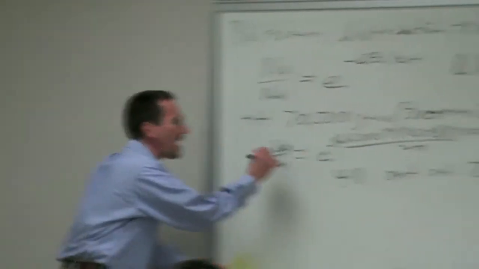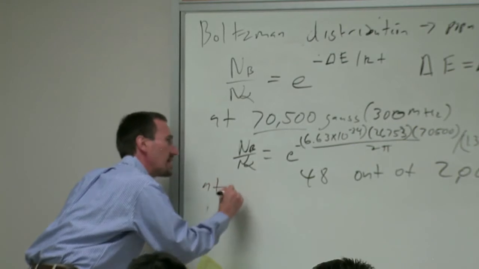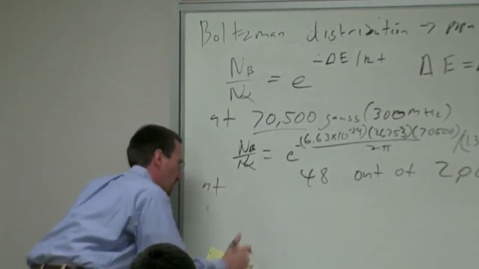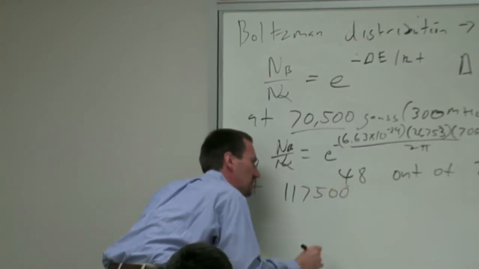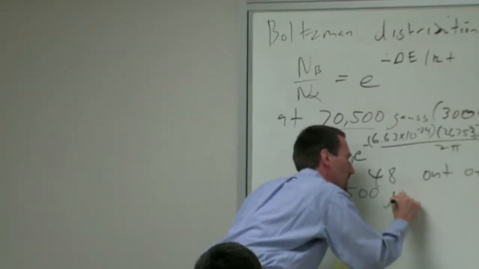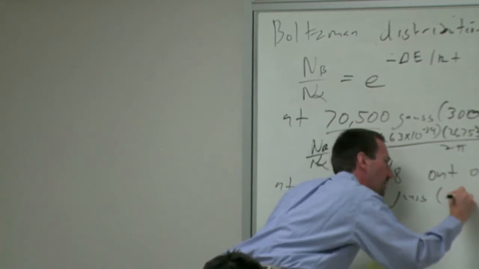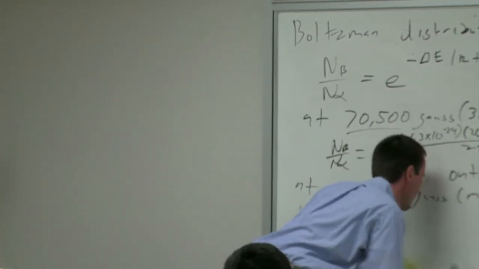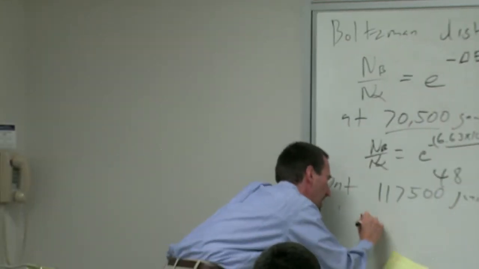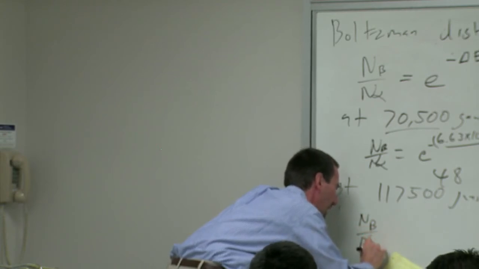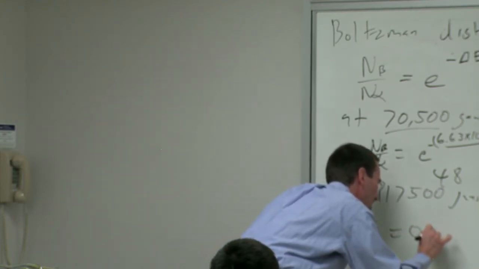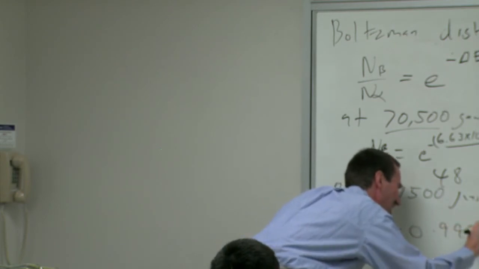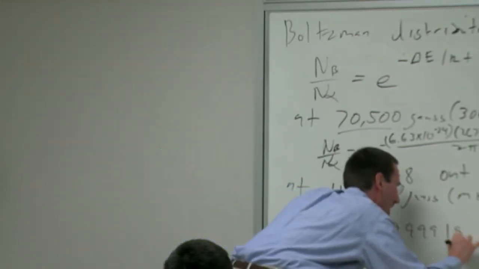If we apply a higher magnetic field, it only gets linearly or almost linearly better. At 117,500 Gauss, remember that's our 500 megahertz, we only get to an N beta over N alpha, in other words, a relative population of 0.99919.